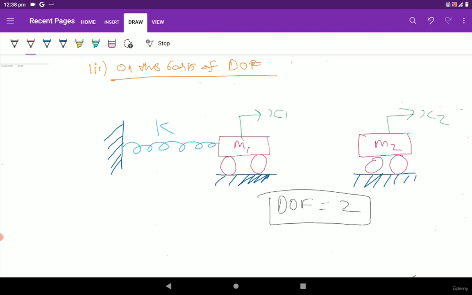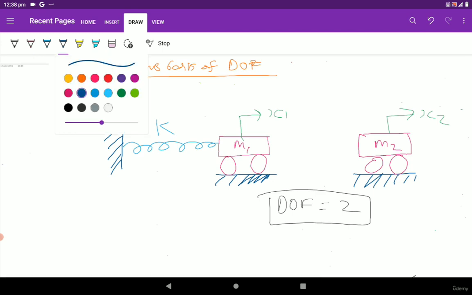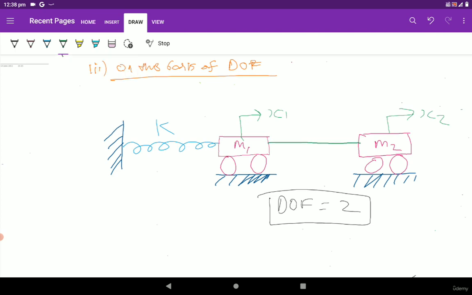So instead of a spring, now we are going to insert a rigid rod. So this is the rigid rod.